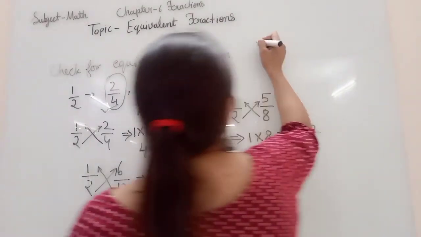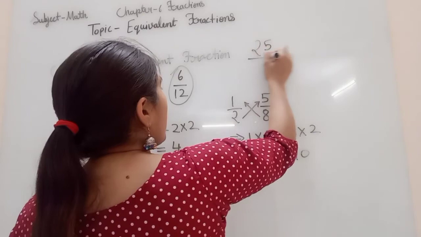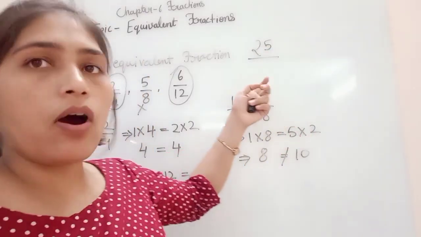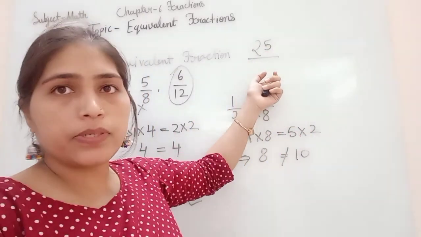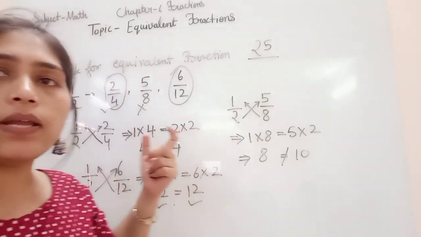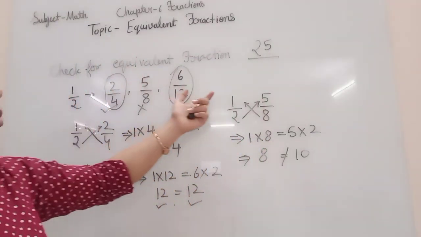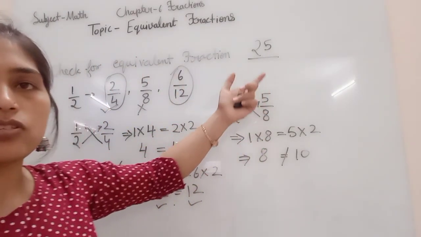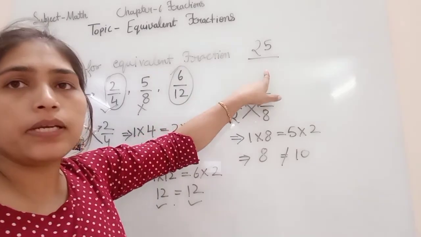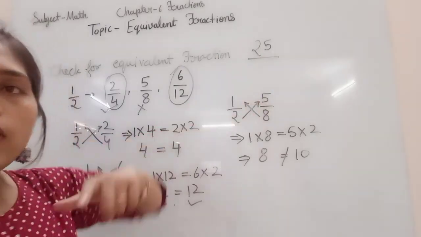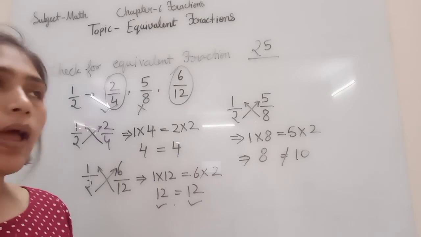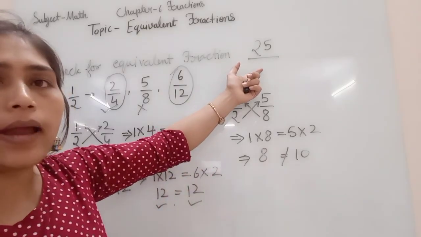That's why I have not explained this, because it will not come in this chapter. You will find equivalent fractions through multiplication only in this chapter. But still, the same way we find by multiplication, we can find by division also.